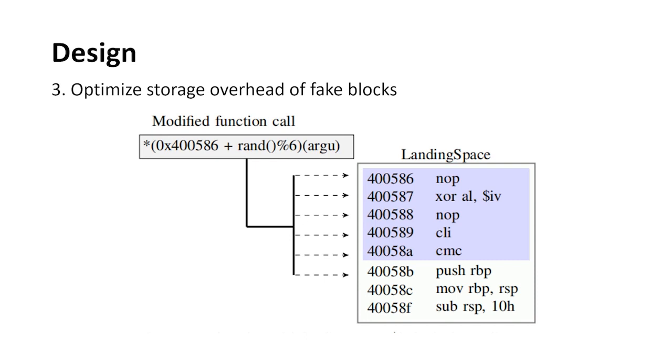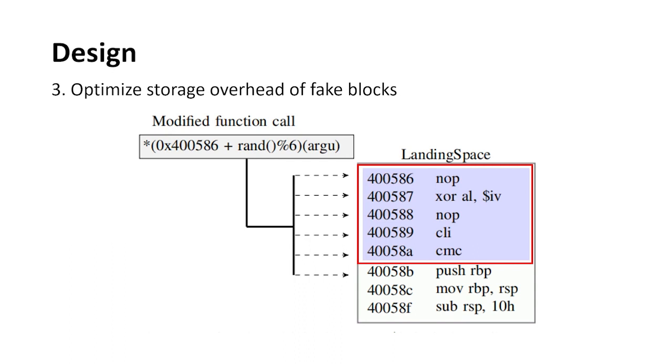The third method is the optimization of the private fake blocks. This optimization reduces the storage overhead. We add a code snippet which consists of many 1-byte instructions before the start of the original function.